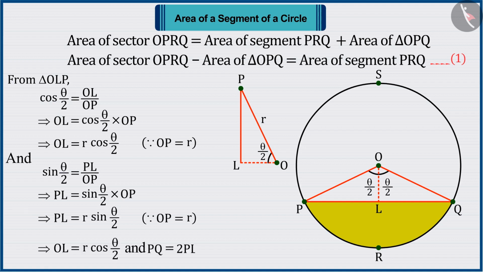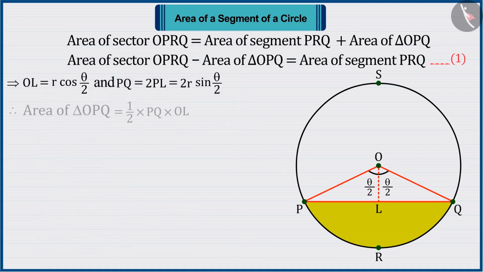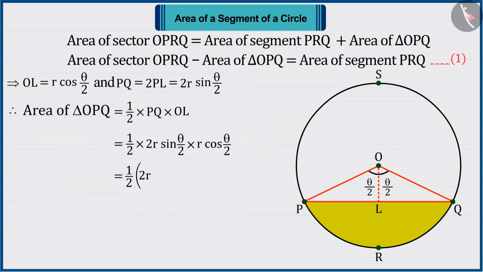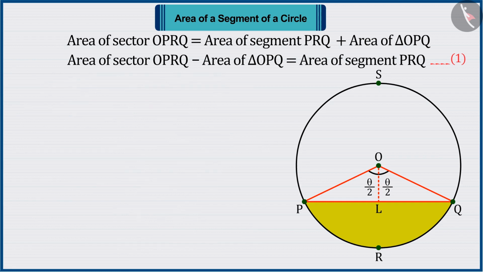We know that in triangle OPQ, the base PQ is twice PL. Hence, the area of triangle OPQ is r square multiplied by sin theta upon 2 cos theta upon 2.